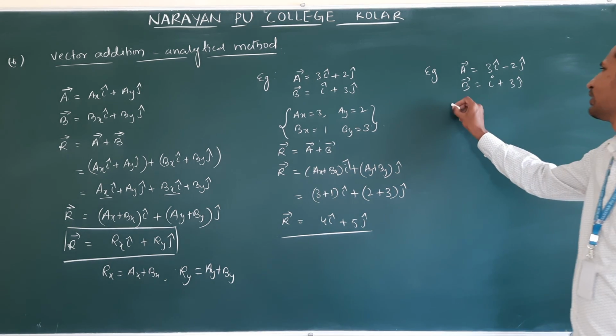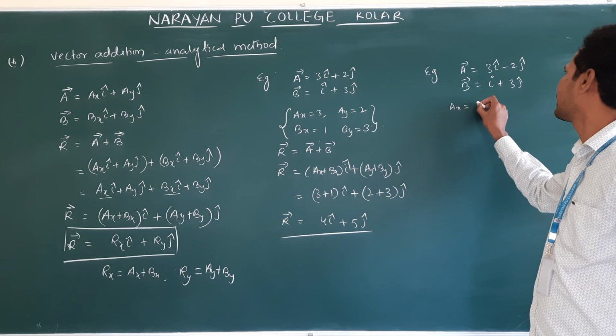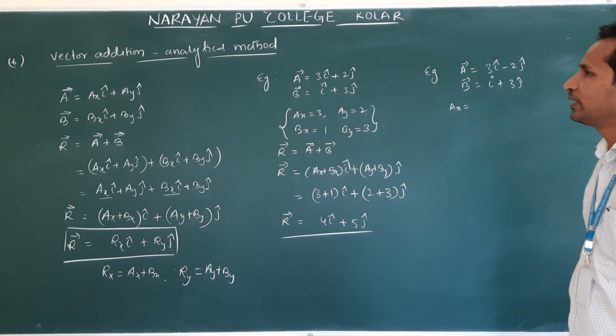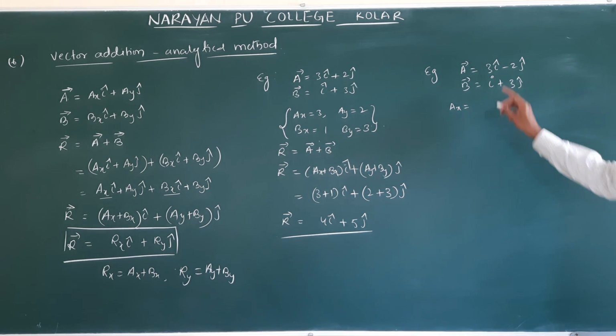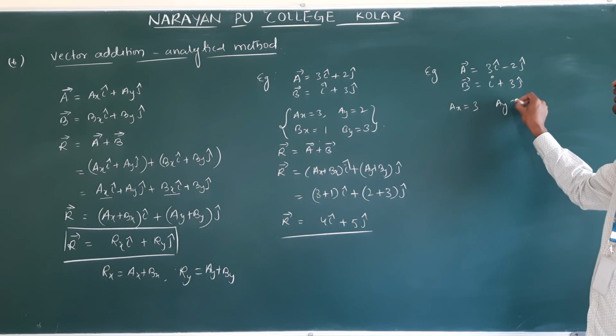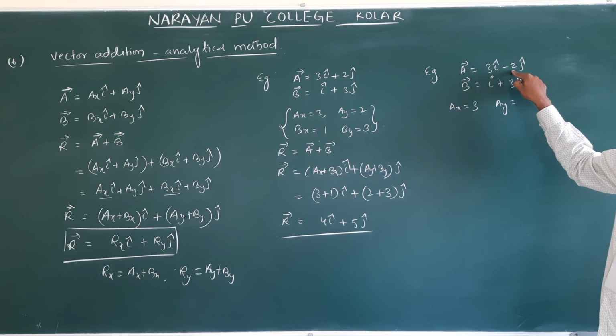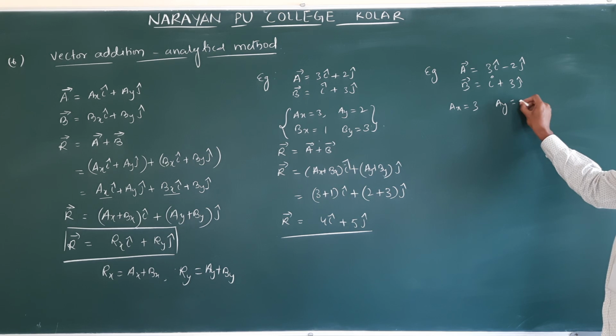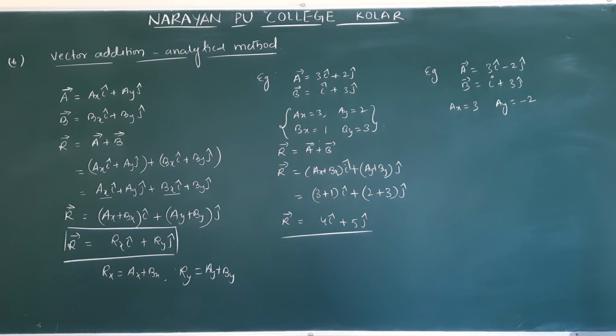Very simple. We write the components for vector A in the form Ax i cap plus Ay j cap. Then Ax, what do we write? 3. Ay, what do you write? Plus 2 or minus 2? Here plus is there, we take plus 2. But here minus is there, we need to write minus 2.